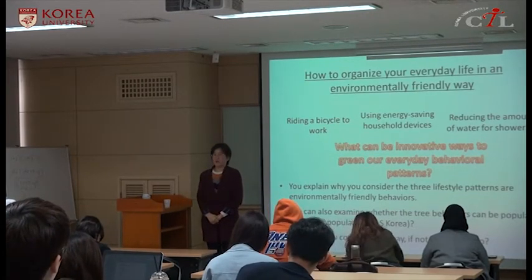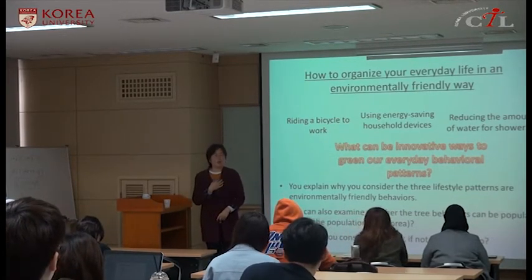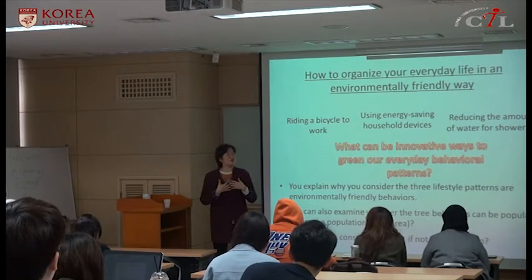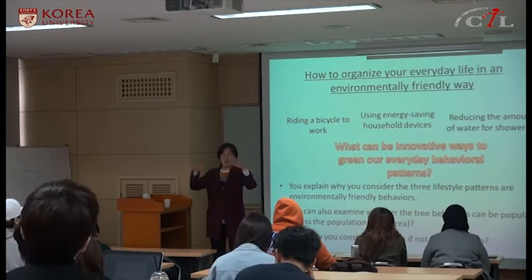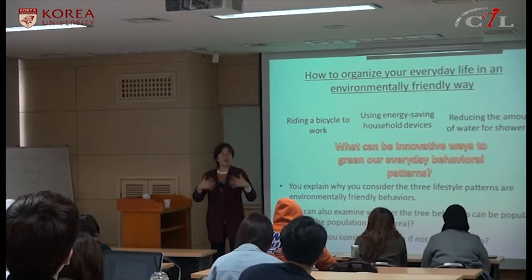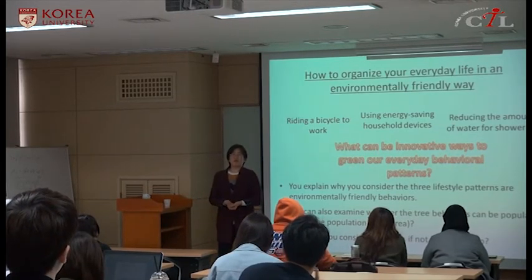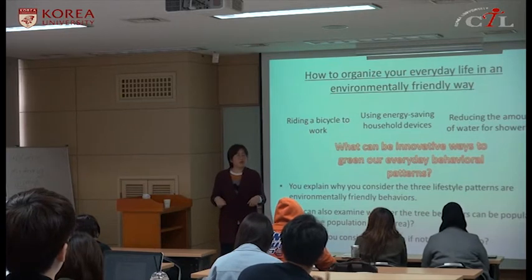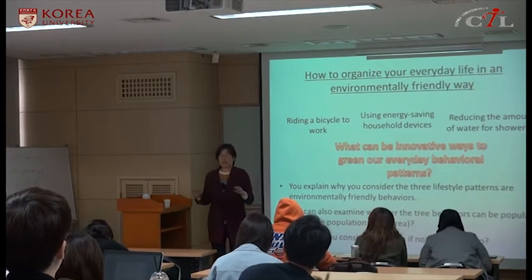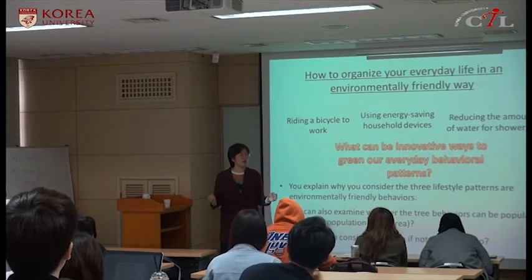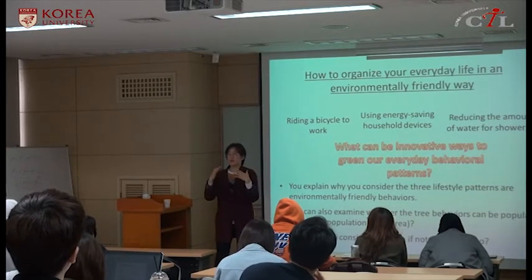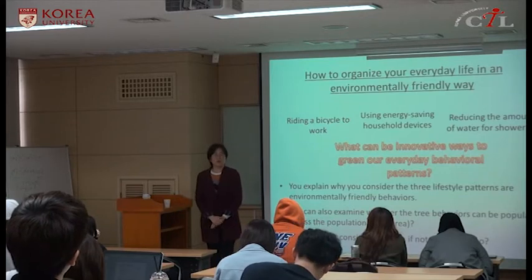Sometimes one's individual voluntary behavior can come across a barrier. Let's say, even if you want to ride to work, it's very dangerous on the road. That's a kind of structural constraint you come across. You're stuck, so you have to stop.